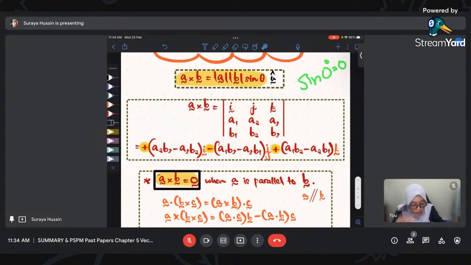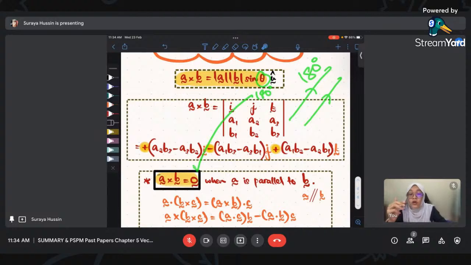Tapi it's correct that it's actually sine 180 degree sebab bila 0 dia tak ada angle. Tapi kalau 180 degree kita ada angle. That's why the parallel tu wujud. That's why the line is wujud and sine 180 degree gonna give us 0.